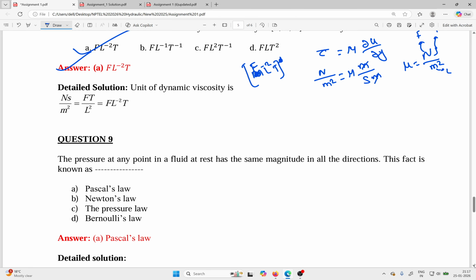So definitely this is Pascal's law. Meaning you have one fluid system at rest. So I'll take the fluid in a container again. Already we have taken it once. So this is your fluid. Now you want to calculate the pressure at a particular point.